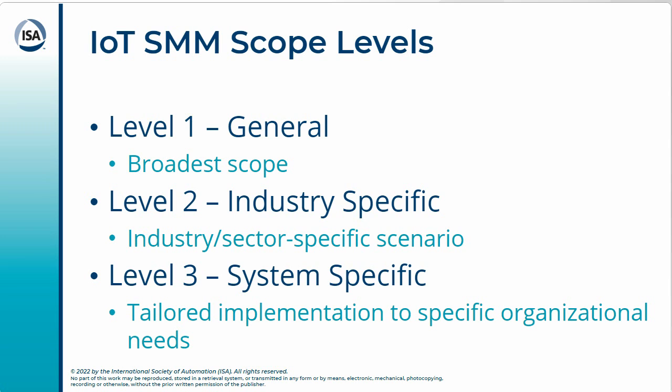So level 1 are the broadest requirements that apply across the board, across all verticals. And then level 2 is the ones that may be for 1 or 2 industry verticals.